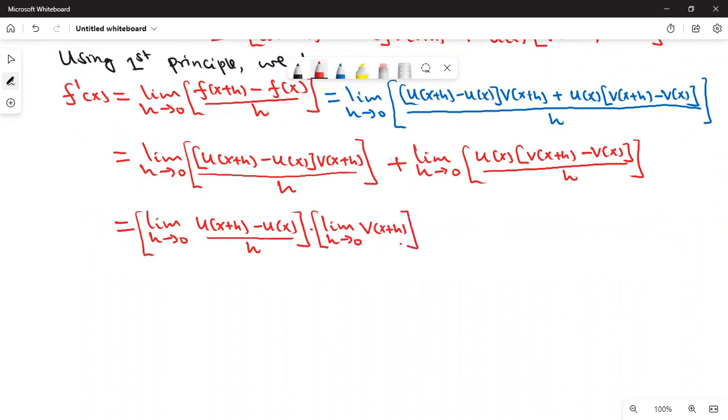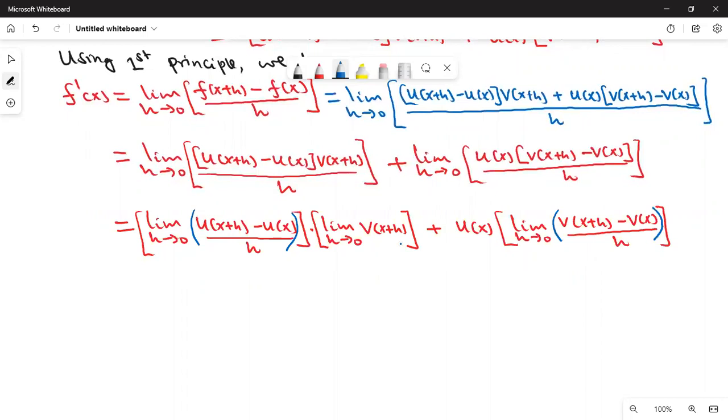You see, limit is distributive, so that's why I'm able to distribute it that way. Then plus, here u of x does not depend on h, so I can factor that out, times the limit as h approaches 0 of v of x plus h minus v of x, everything divided by h. So that one can be in bracket. Even this is also in bracket.